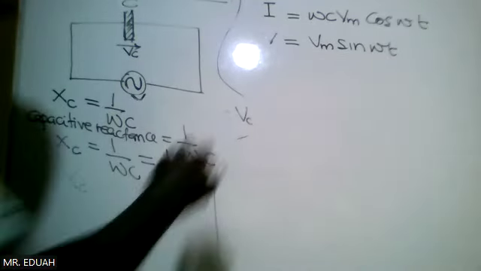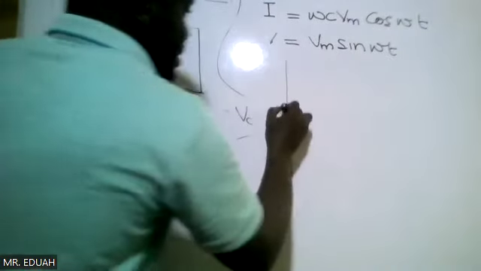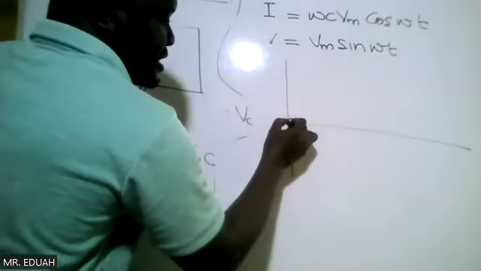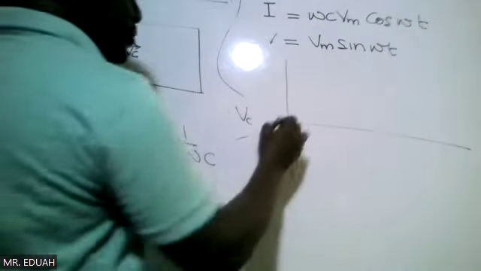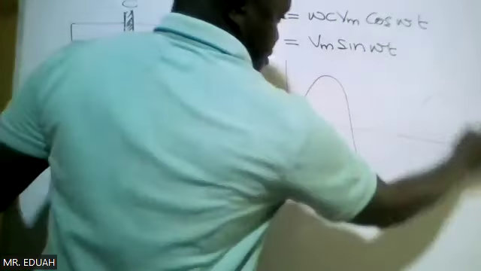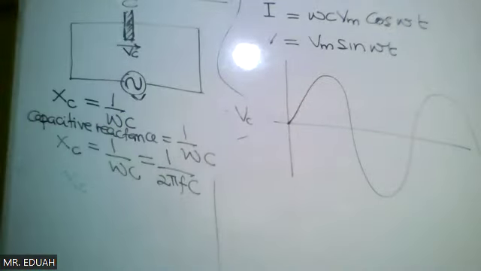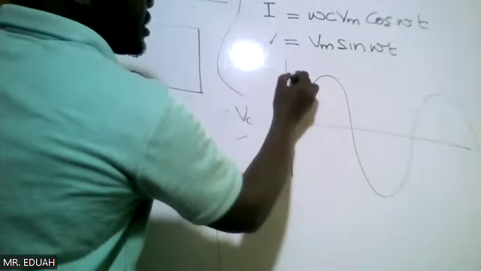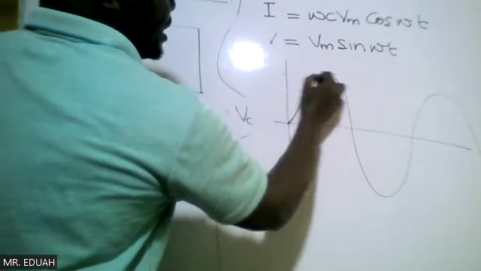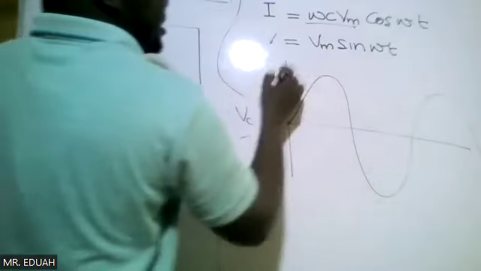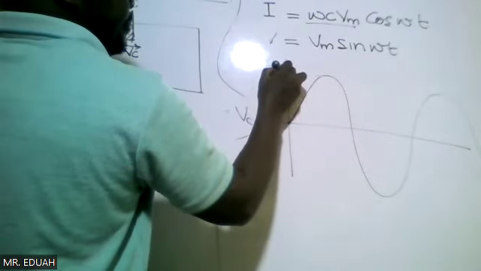If you draw both of them on a graph, the voltage is a sine function, starting from the origin. The current is a cosine function, which always starts from the peak value, Im.